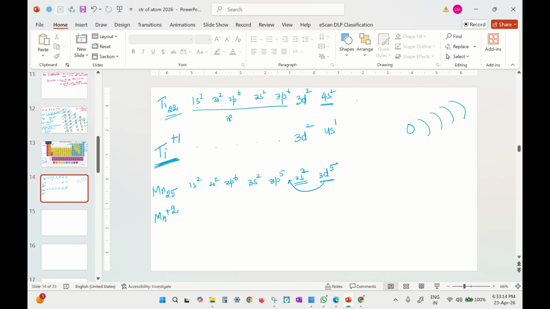So if you want to remove the electron, you will remove from the 4s. So the configuration will become 1s2, 2s2, 2p6, 3s2, 3p6. And this will become 4s0 and 3d5. Removal of electron is always from the last shell. This number tells you the shell number. So the fourth shell will lose the electron. Clear?